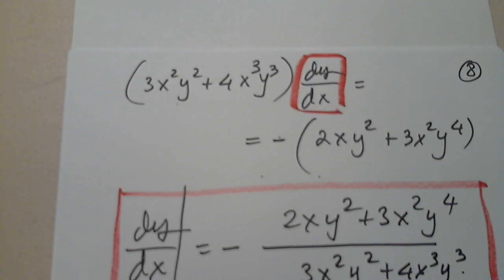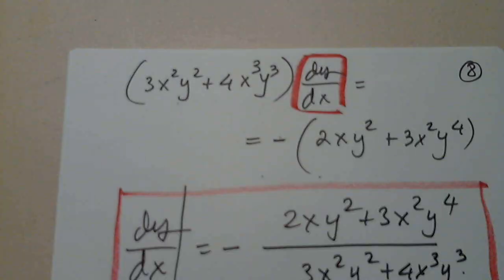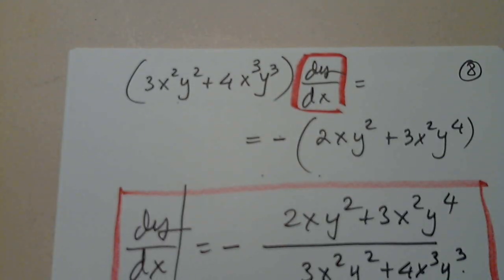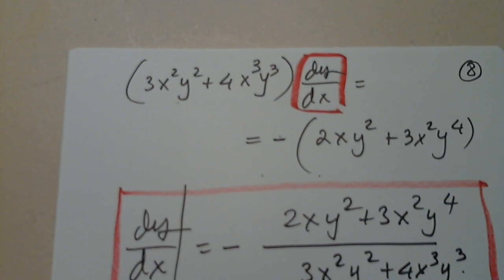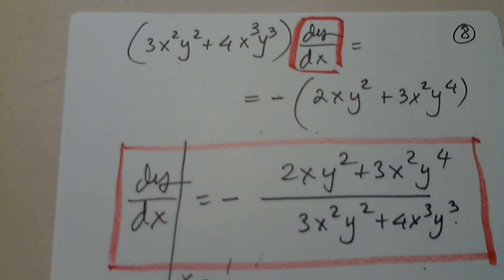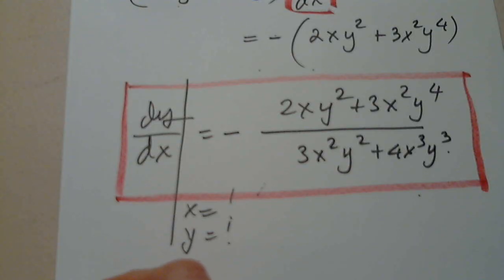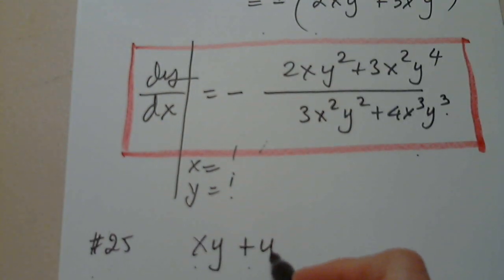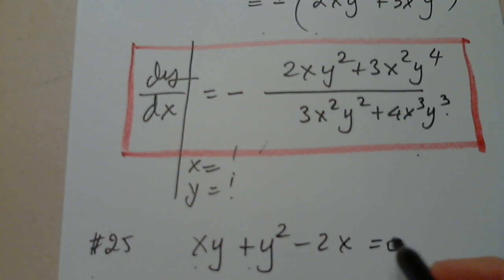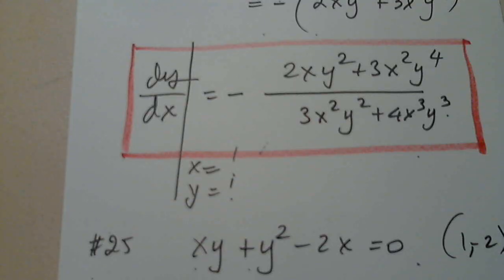So let's choose something else from 15 to 28, in which we're asked to find the slope of the tangent line to the graph of the function I don't have at that particular point. I want to choose a nicer one, like 25. So xy plus y squared minus 2x equals 0.